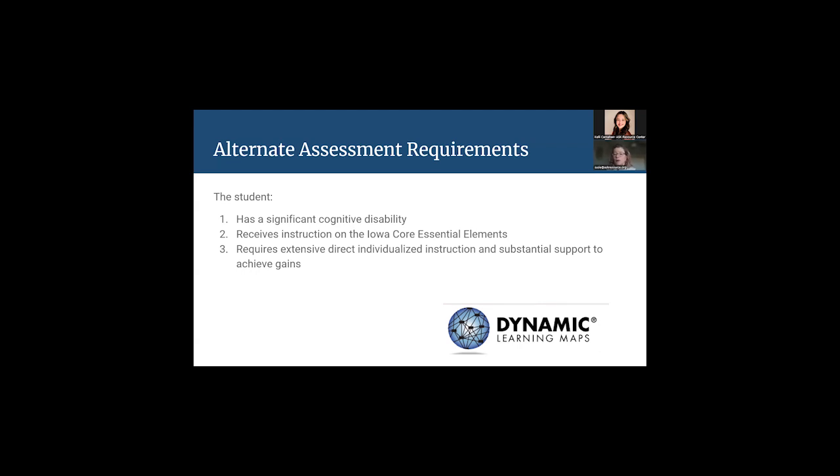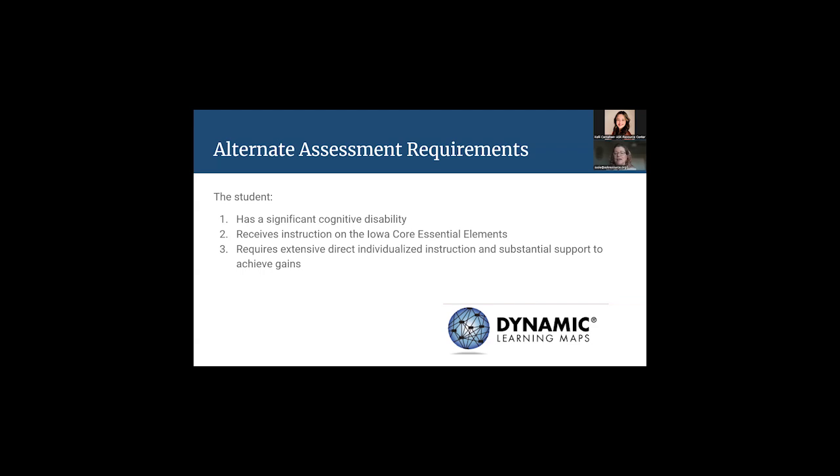There are 3 requirements for an IEP team to decide if a student needs the alternate assessment. One, the student has a significant cognitive disability. Two, they receive instruction on the Iowa Core Essential Elements. Now, the Iowa Core Essential Elements are the Iowa Core, but reduced in depth, breadth, and complexity.